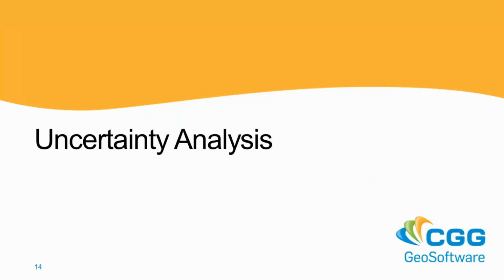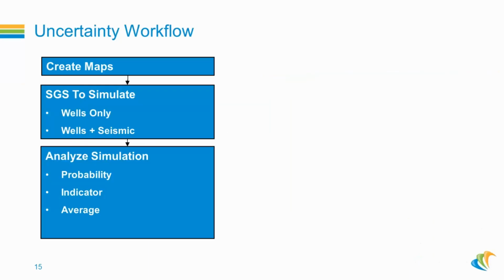Next, we'll go to the uncertainty analysis. How can I judge the error on that map? What's the uncertainty? This is the uncertainty workflow. We created one map or several maps using the conventional co-kriging technique. And then we go through sequential Gaussian simulation, SGS, to simulate different scenarios.